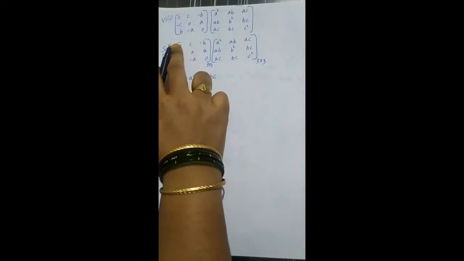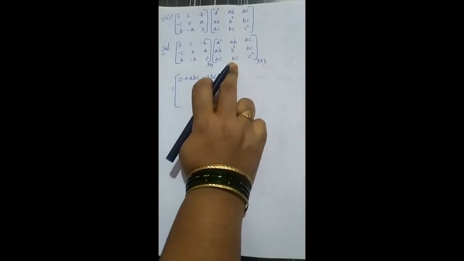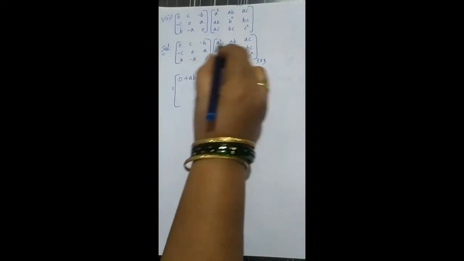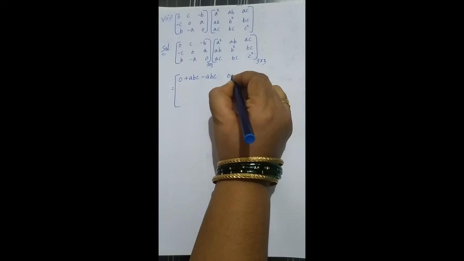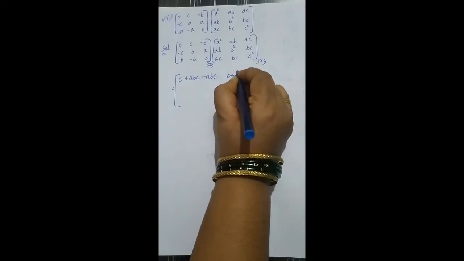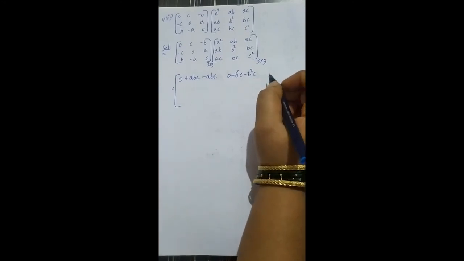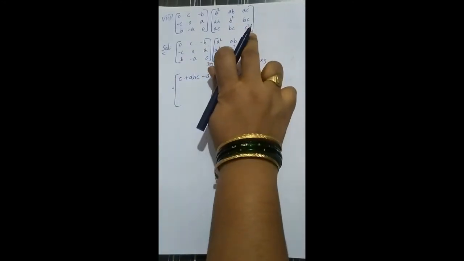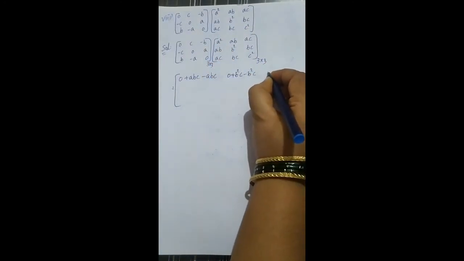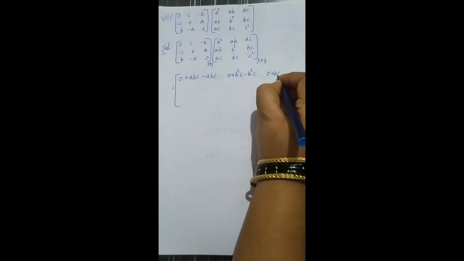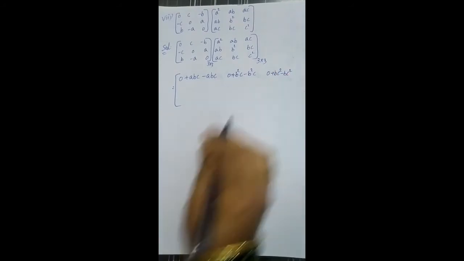First row with second column: 0 into AB 0 plus B squared C minus B squared C. First row with third column: 0 plus BC square minus BC square.